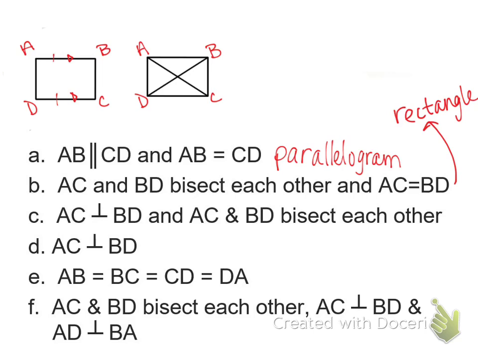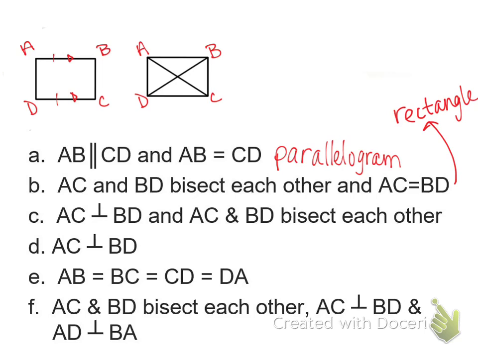All right, on letter C, we're again looking at our diagonals. So we know that we've got diagonals that are perpendicular to each other and they bisect each other. Why is it a rhombus and not a square? What do we not know about it? Good.